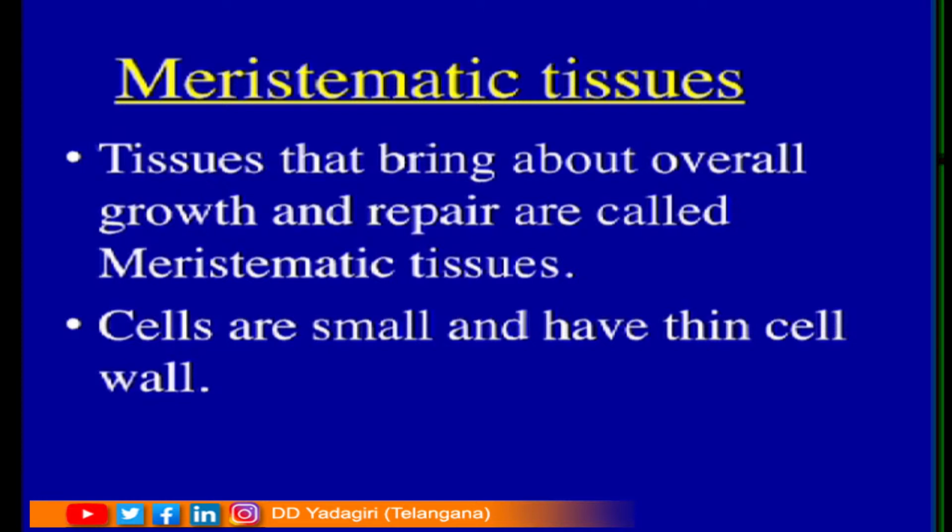Cells are small and have a thin cell wall. Children, these meristematic tissues we find at the growing regions. They are smaller and have a thin cell wall because they will be dividing continuously and giving more number of cells. Thereby, the plant growth takes place.